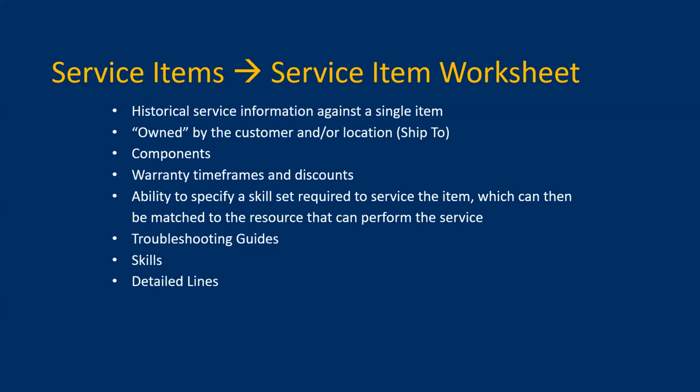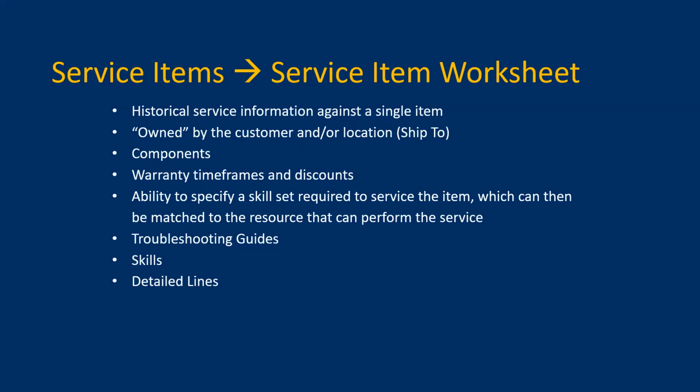Service items allow a customer to track historical information against a single item. It also allows them to track the components in a service item, such as other service items, and specific other inventoried and non-inventoried items that make up the end item.